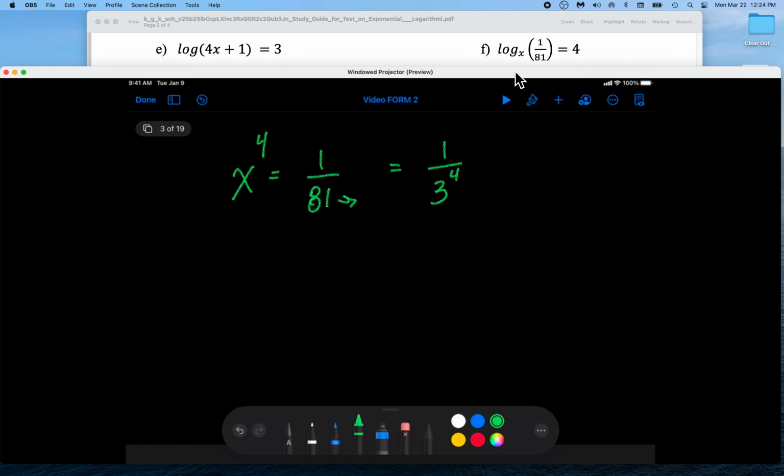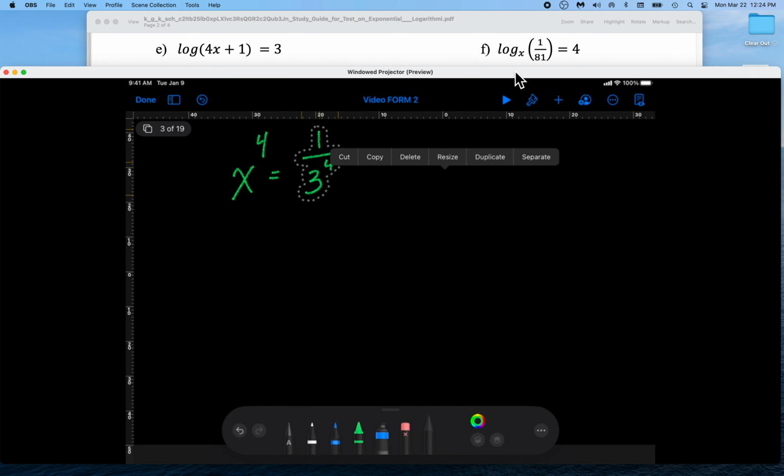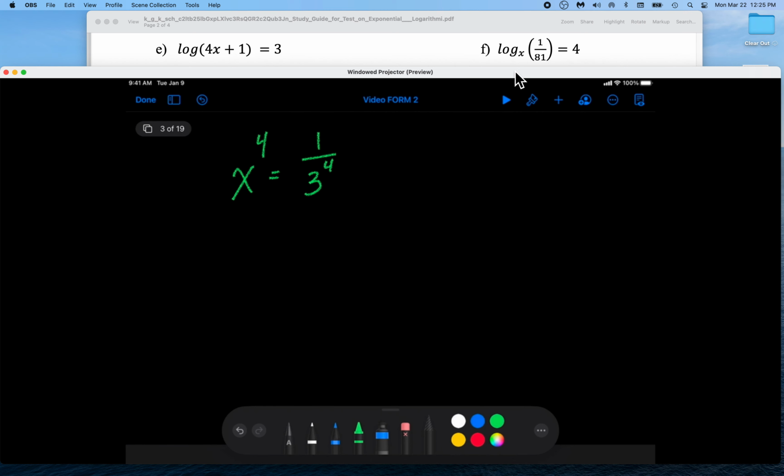How are we going to handle that? Let me show you a beautiful trick. Remember, folks, our goal here is to solve for x. X is being raised to the 4th power. How do we get x to the 1st power? That's our goal.